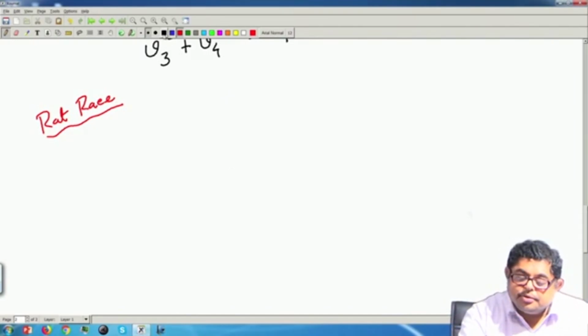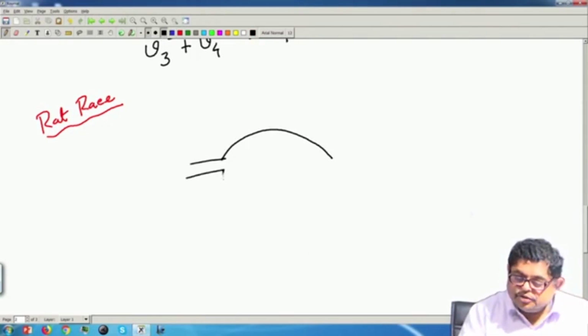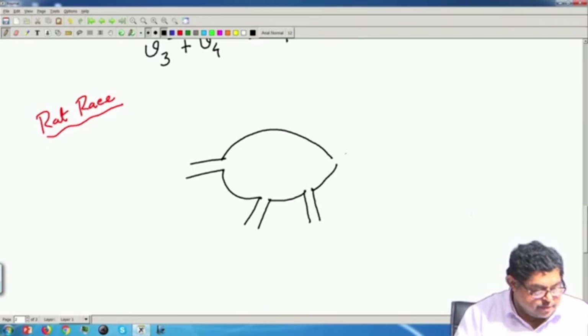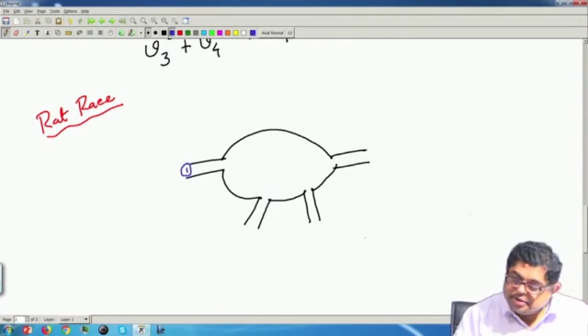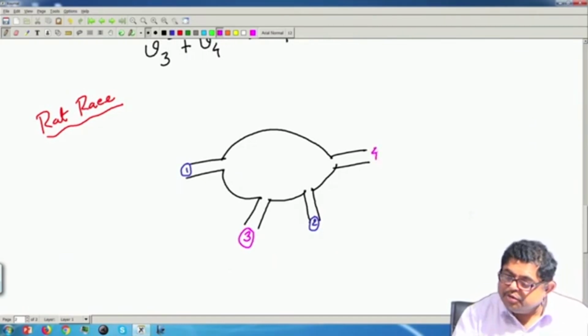In a rat race, you know, it is a transmission line based structure. So, there are 4 ports, let me call this as 1 and this is 2, these are the input ports, and this is 3 and this is 4.